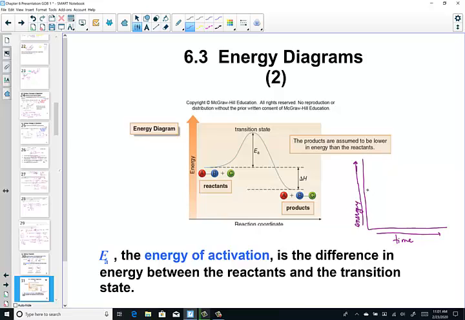Now, in this specific example, we're going to select a starting point for the reactants, and we'll label the reactants very specifically here as compound A bonded to B, reacting with element C. That all gets placed on the starting position where the reactants are located on our energy diagram.